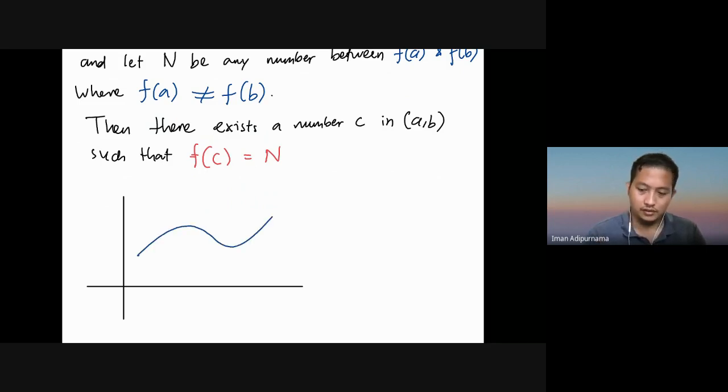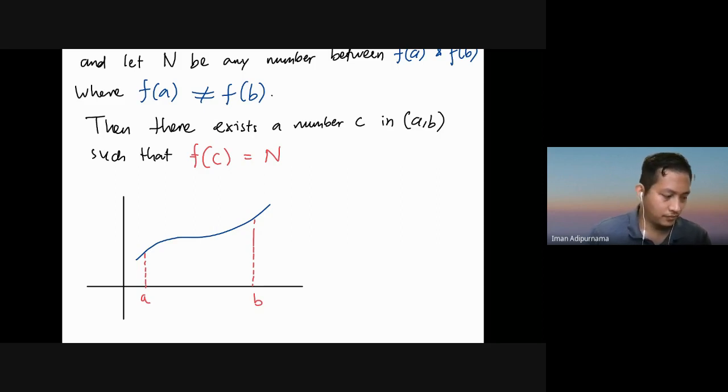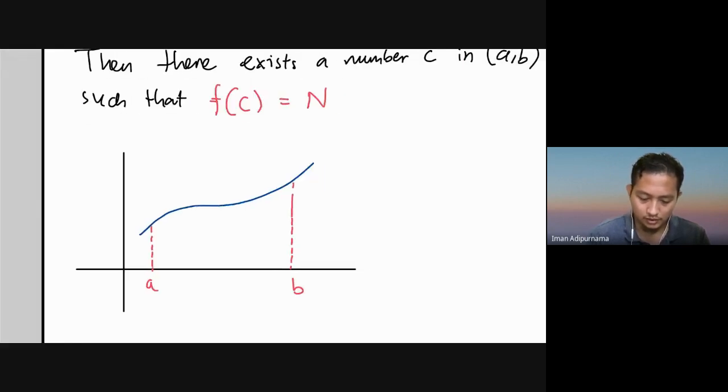Let's just write, or maybe like that. And maybe this is a, and this is b. All right. Let me use the color.